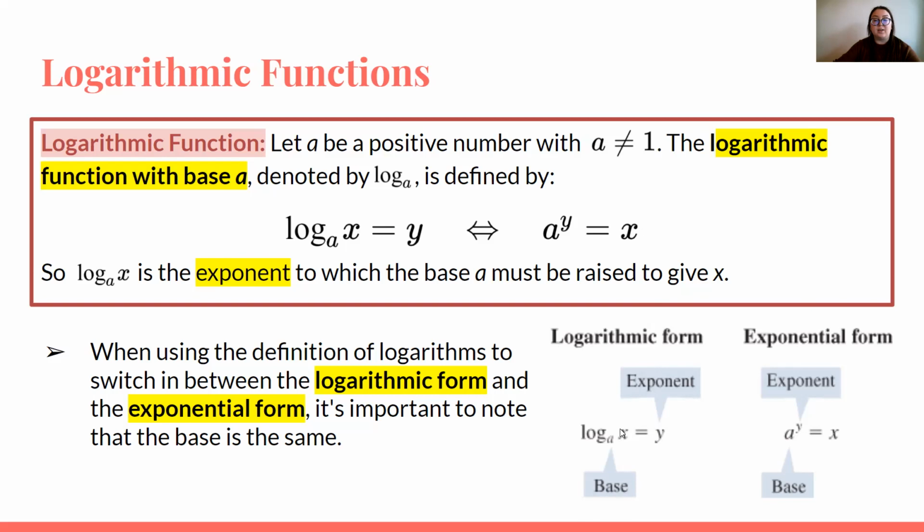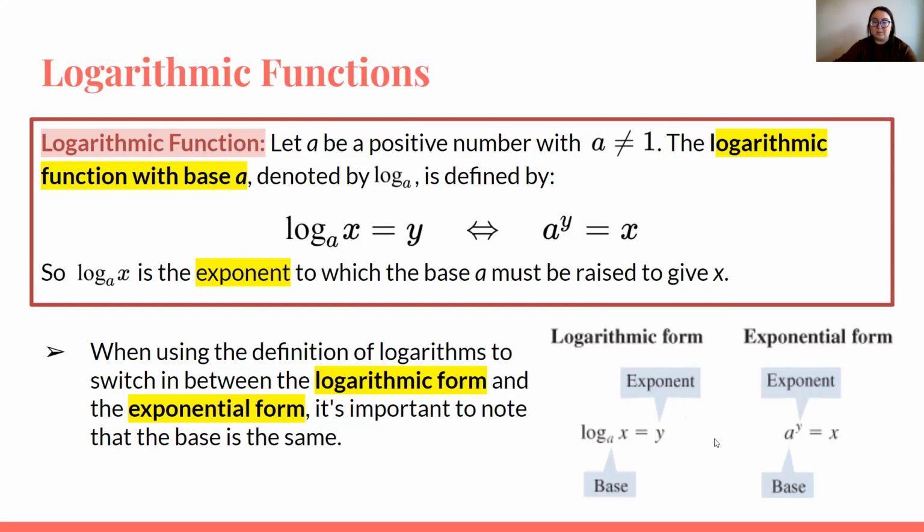Then log base a of x is equal to the exponent, the actual exponent y in this exponential form. X is the result. The x is the actual result that your exponential form is equal to. So that's how they're really just being rewritten.